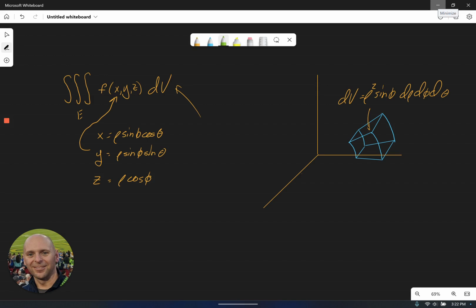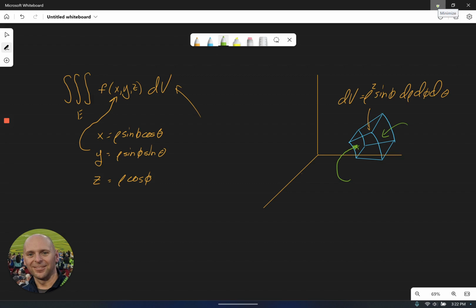Something else we want to pay attention to is that it's not unusual for us to define these volumes by bounding rho by functions. So that means that these outer surfaces and this inner surface here, the one in behind here, will oftentimes be defined as functions.